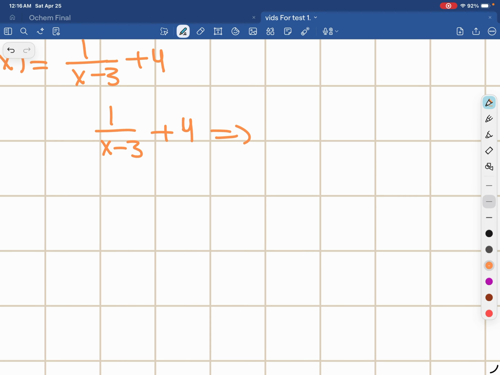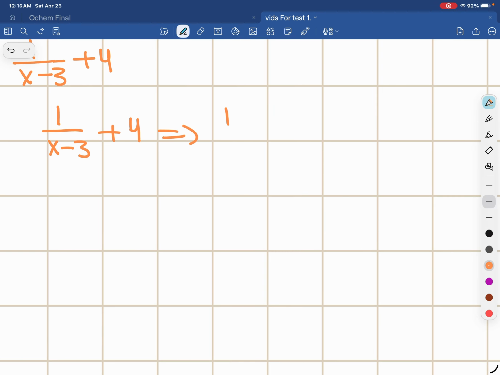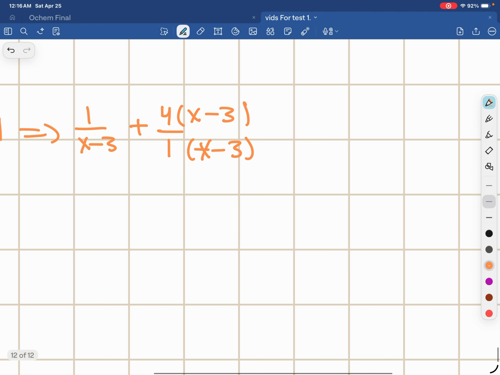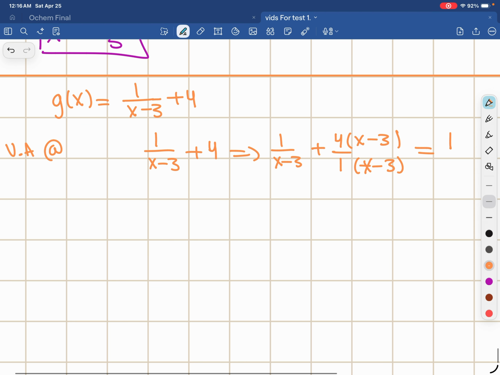So we're going to multiply by x minus 3 to the right side of the problem. So we should get 4 times x minus 3, and remember there's always an invisible 1 here, so 4 over 1 times x minus 3, and we should get 1, and make sure that is correct.